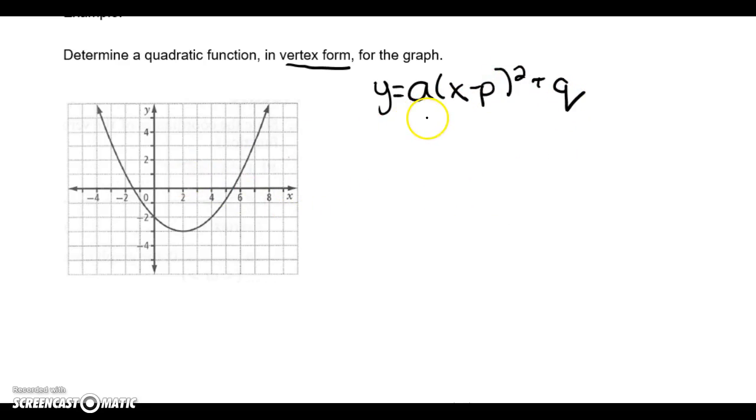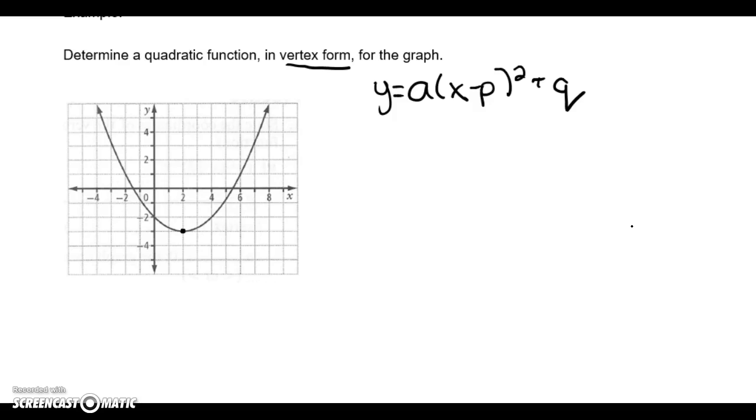Your vertex is that little middle point in your graph that creates a mirror line between the rest of your graph. Essentially, you want to look for that maximum or minimum point. In this case, our vertex is going to be right here because everything else mirrors out after that. You would notice that if you were to fold the graph in half right at that vertex, you'd have the exact same graphs, and they would overlap.